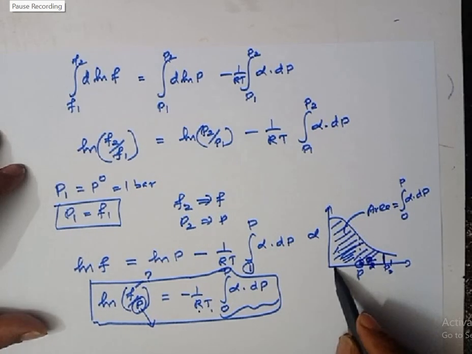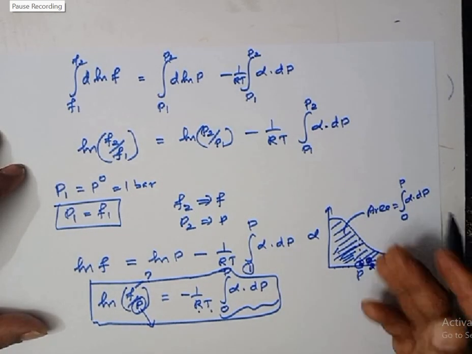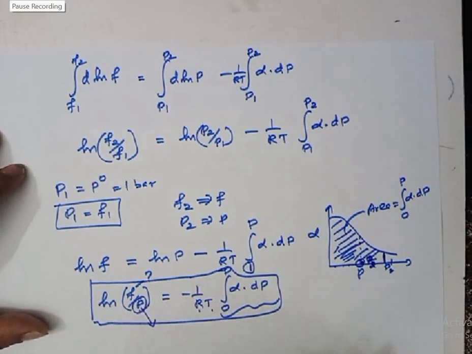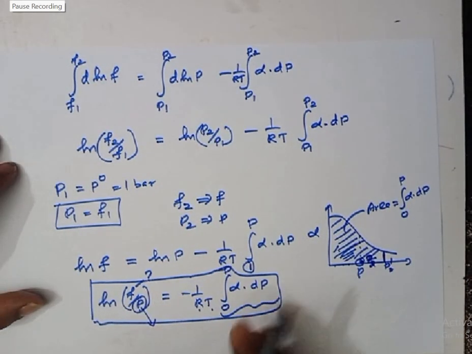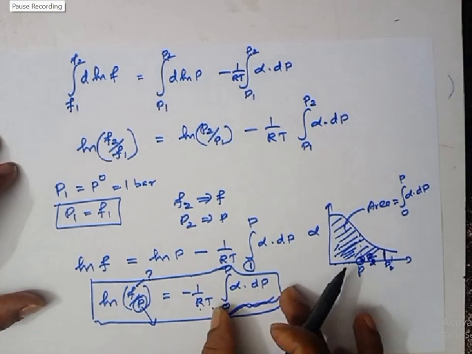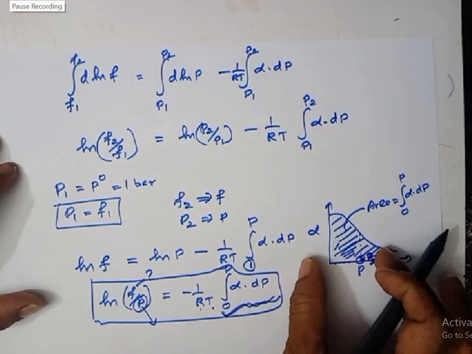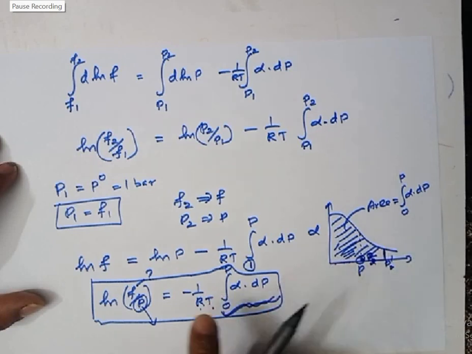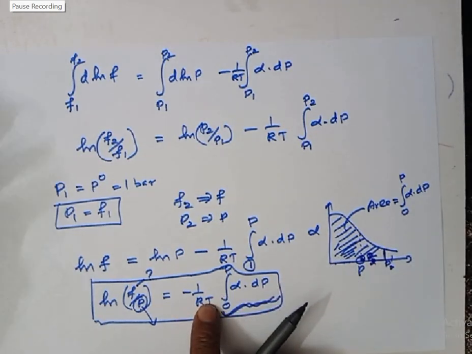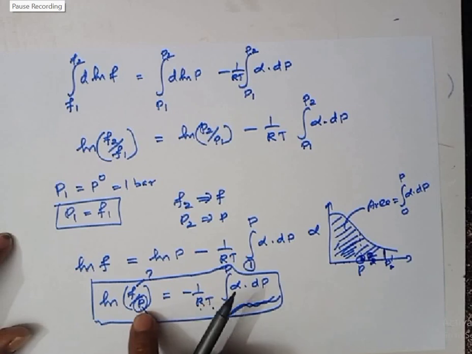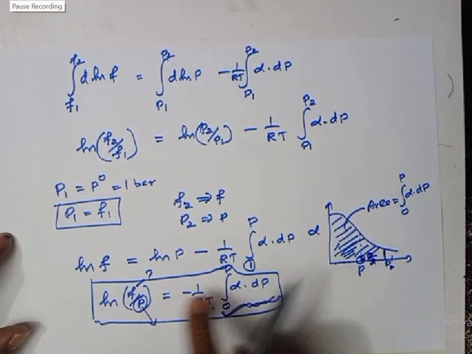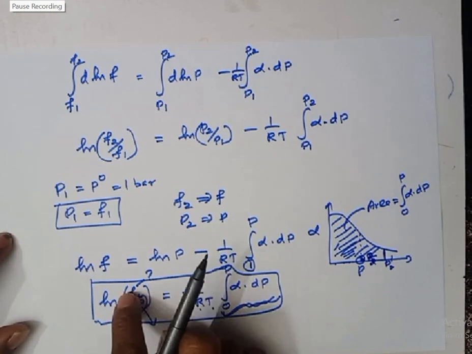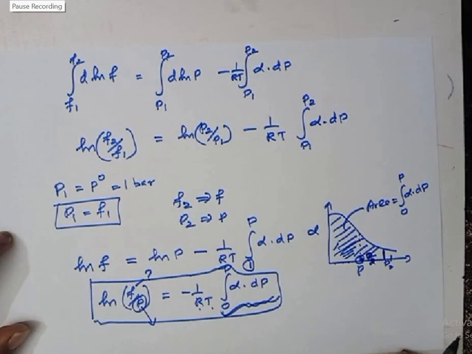So whatever pressure you give, for that pressure I can find the fugacity of the gas using this expression, because this is the experimental quantity. You can find it from the experimental graph. If you know this value, R is constant, temperature is constant, we know all these values. Pressure also, if suppose we give 50 atmosphere pressure, for the 50 atmosphere we can find out the value of fugacity. Take note.